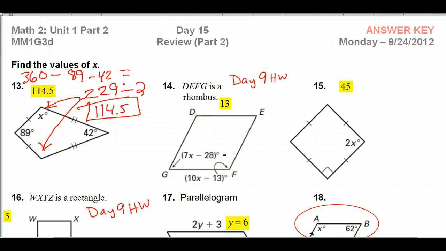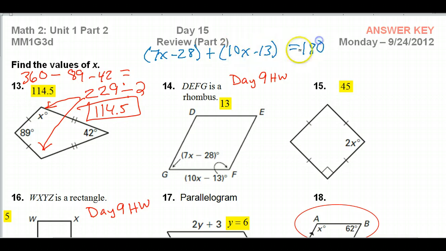Looking at number 14. Again, these angles are not equal to each other. One of them is acute and one of them is obtuse. They're not equal. So how are they related to each other? I heard somebody say 180. They are supplementary to each other. So everybody should have gone 7x minus 28 plus 10x minus 13 equals 180.